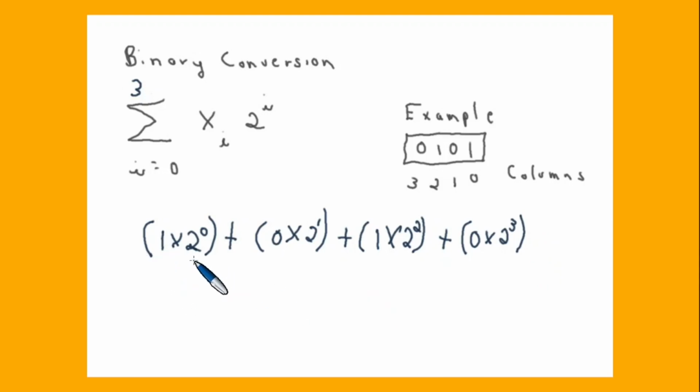So to calculate those out, we said that 2 to the 0 power is 1.